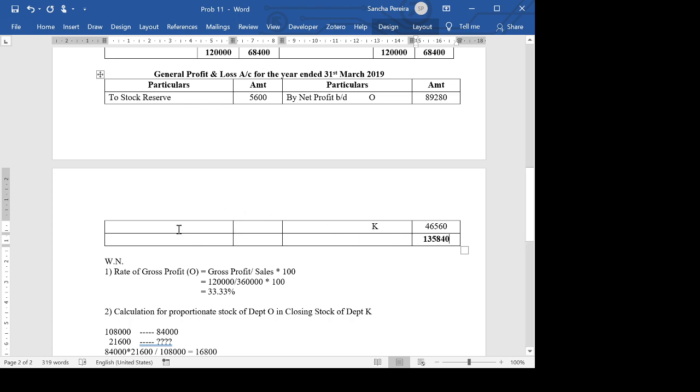So my overall net profit will be 135,840 minus 5,600, which will be 130,240.